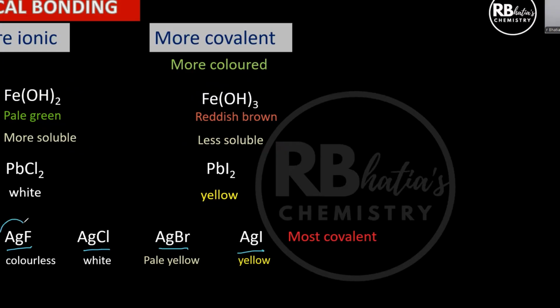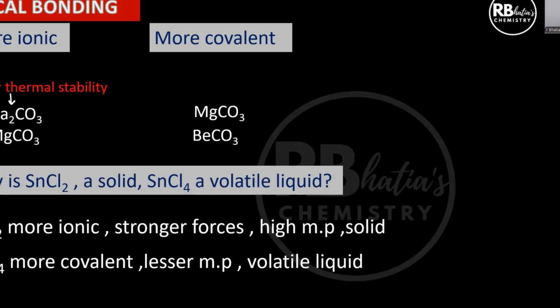Remember, if we compare AgF to AgI, I negative, largest size anion, and cation is the same in all these. So largest anion means most covalent, means the brightest in color. This is most ionic and this is colorless. So that's how the color varies. AgF is colorless, AgCl white, AgBr pale yellow, and AgI is proper yellow. Each of these are important questions.